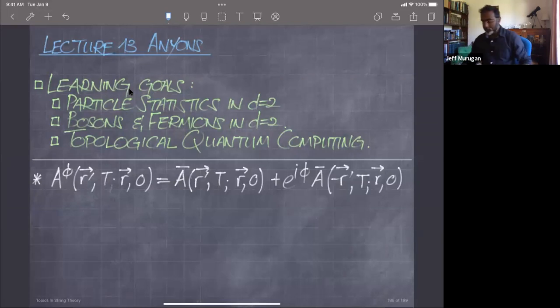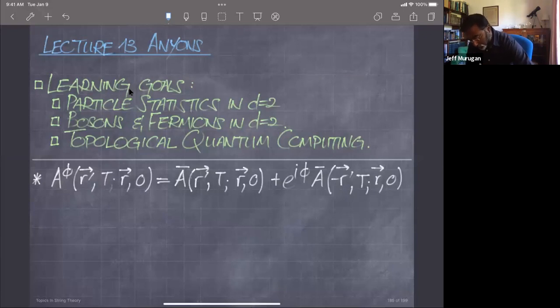Okay, very good. So now let's look at the following. Remember that R and R prime are not the same now. But what we can do is move R prime continuously from R prime to minus R prime.